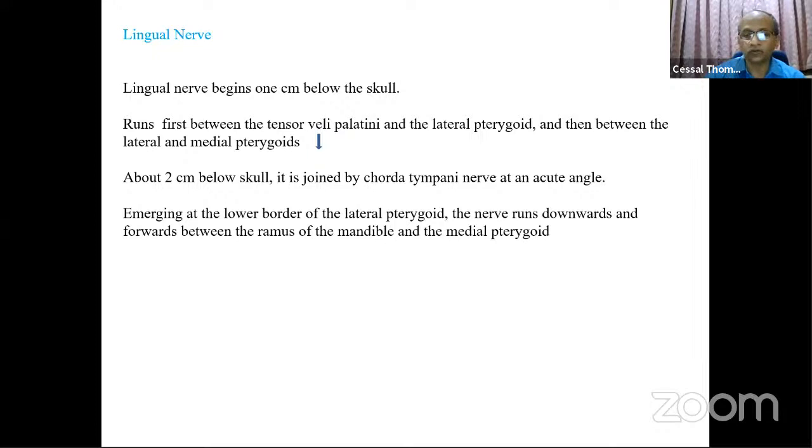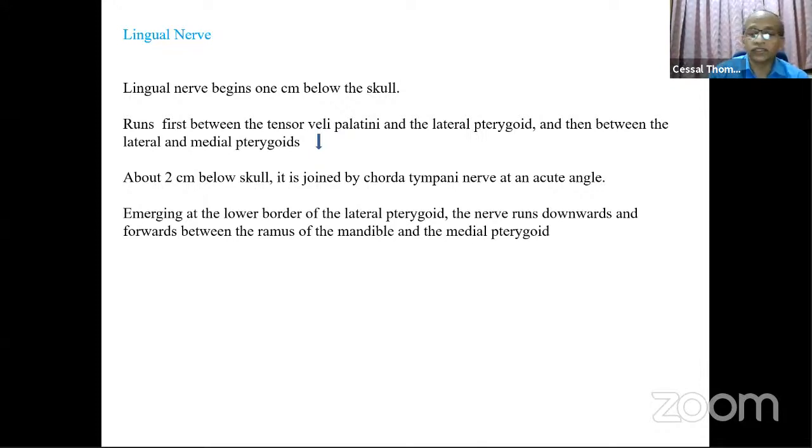So when the tongue is involved or when the floor of mouth is involved, there is a likelihood that the lingual nerve is also infiltrated. Once the lingual nerve is involved, there can be spread along the lingual nerve upward. So where should I look for the perineural spread of the lingual nerve? For that, you should know the route of the lingual nerve.